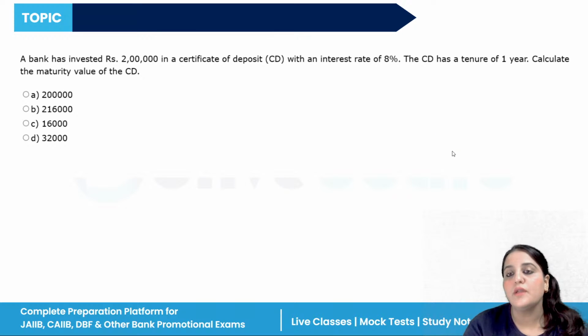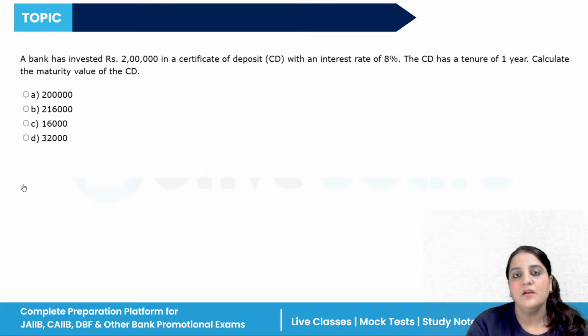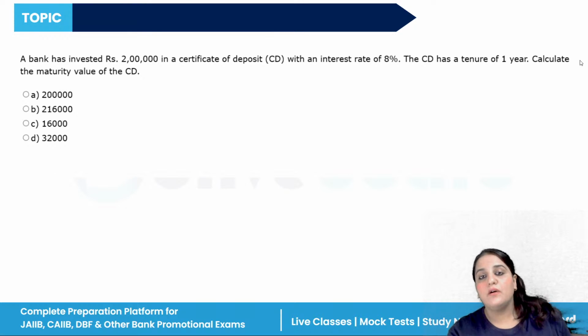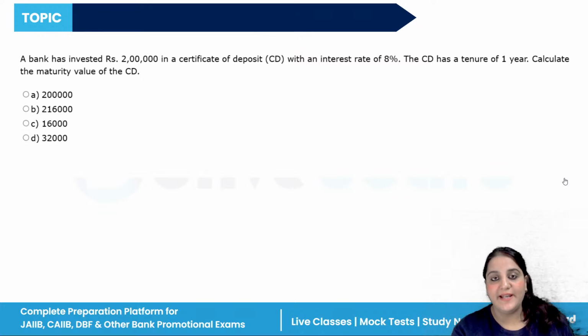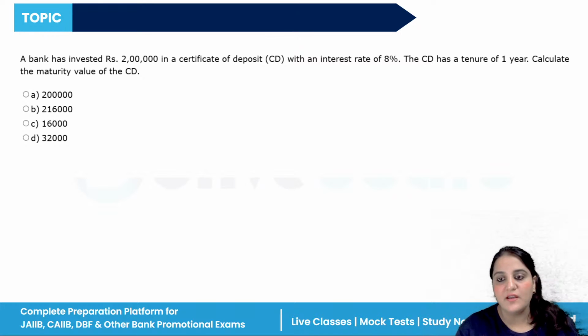So what are the calculations here? According to the question, we have to calculate the maturity value of the CD, right? Now how can we calculate the maturity value? With a simple formula, which is what?